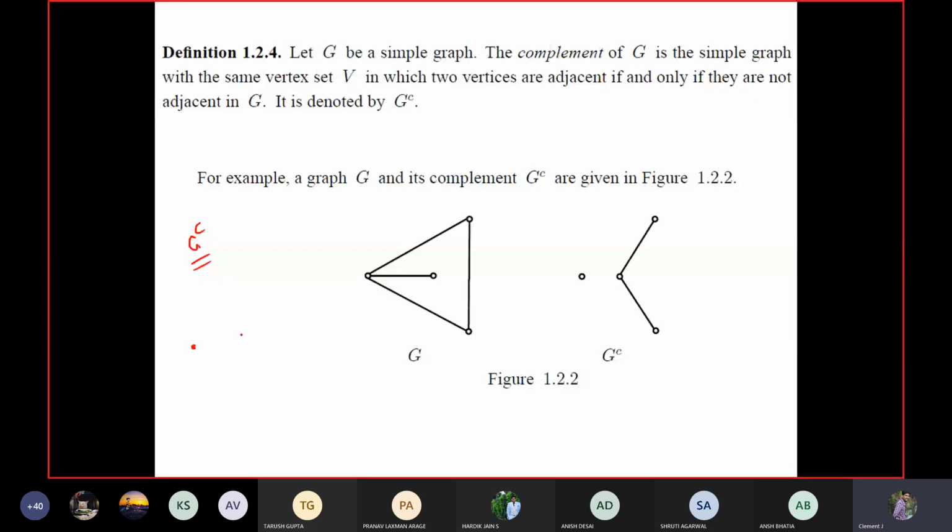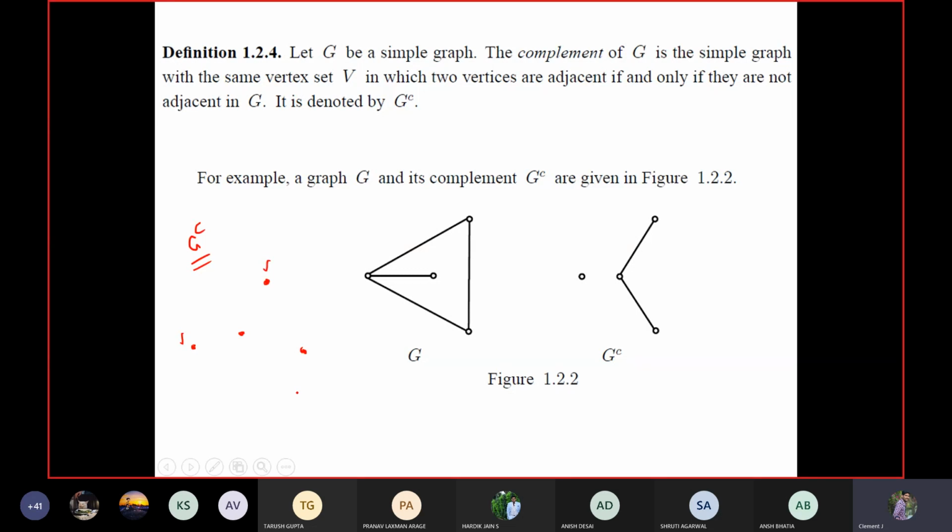If there is an edge between this vertex and this vertex in the original graph, then you should not create the edge in the G complement. By the way, you need to check all other pairs of vertices. That is the task.